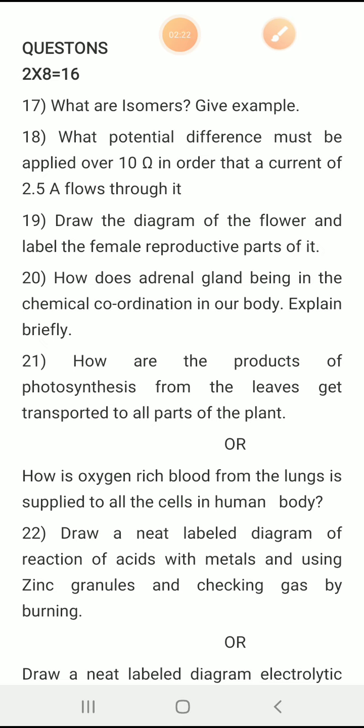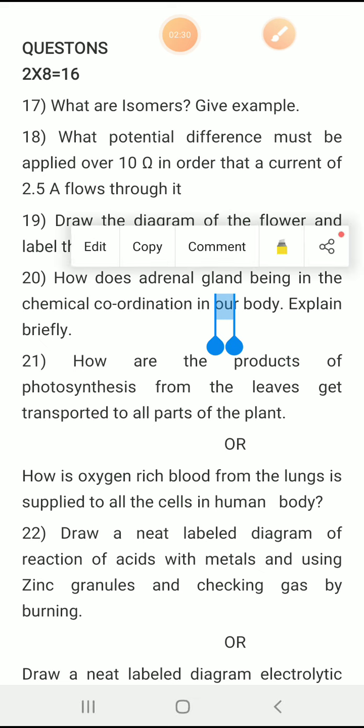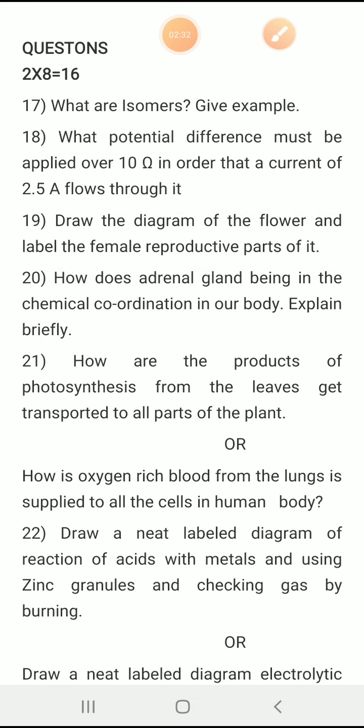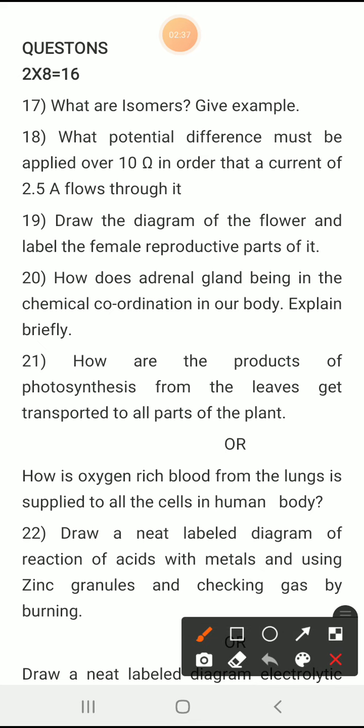And then, draw the diagram of the flower and label the female reproductive part of it. You know how to draw the flower and what the parts of the flower are, right? So just now I discussed this. V is equal to I into R, the formula.